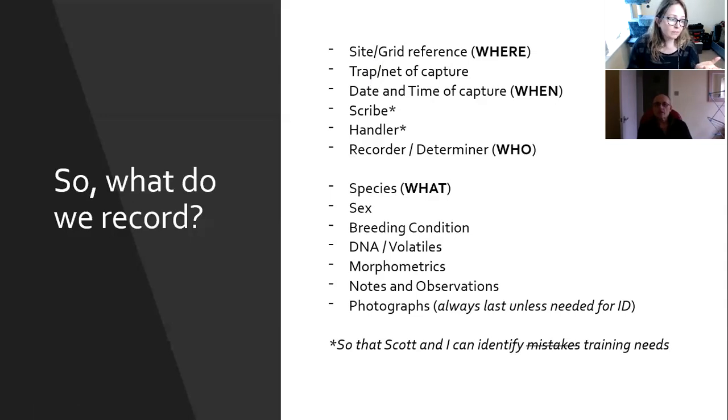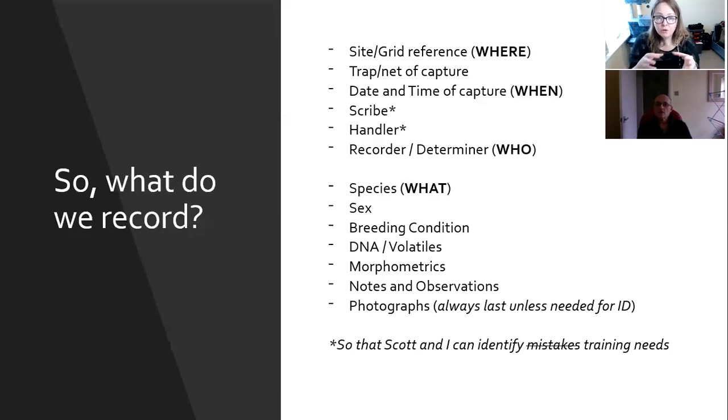Now, the reason that we record the scribe and we record the handler, which is not necessarily the recorder, is that it might be that Scott brings a bat from the net and says it's a brown long-eared. Scott's the recorder. And then Becky takes it out and starts processing. She's the handler. Tasha is writing the notes. She's the scribe.